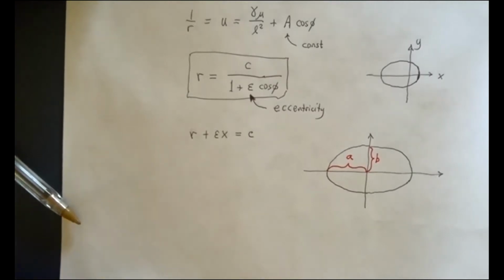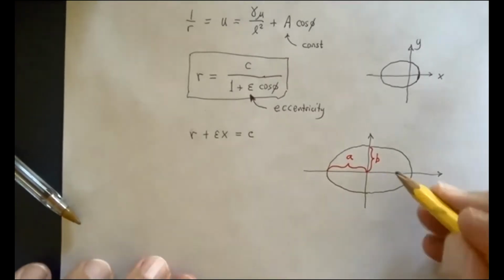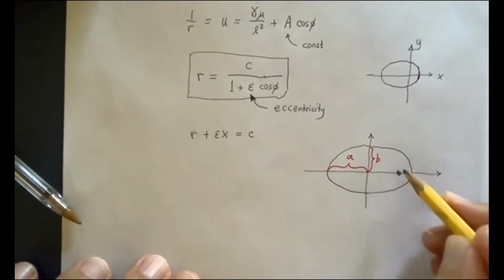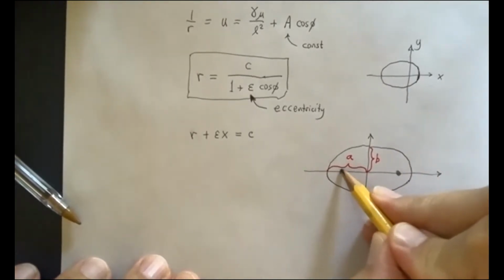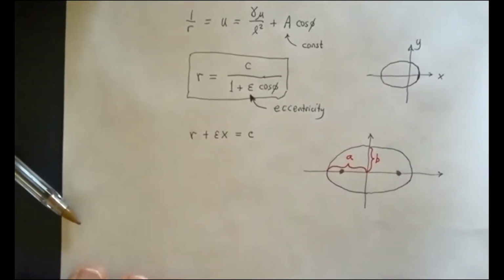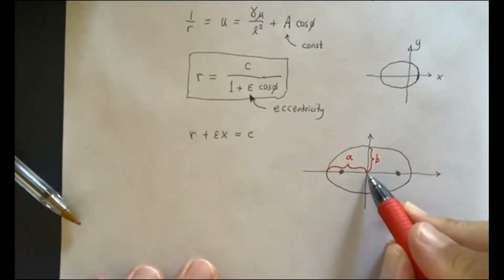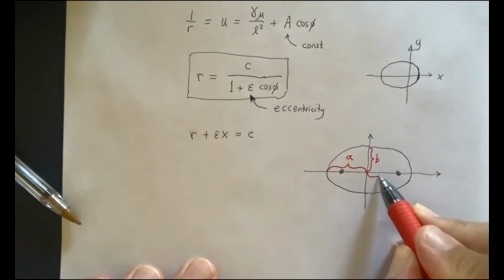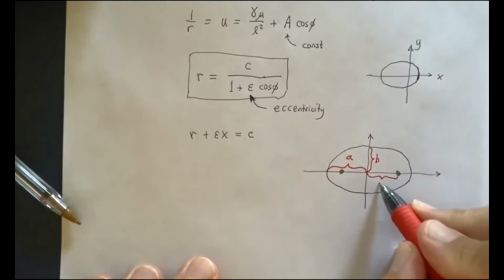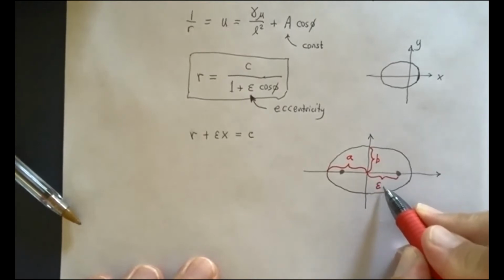The two foci, let's diagram it like this. Here's one focus. Here's another focus. And this distance here, from the center of the diagram, the origin, over to the focus on the right, is epsilon, the eccentricity, times a.